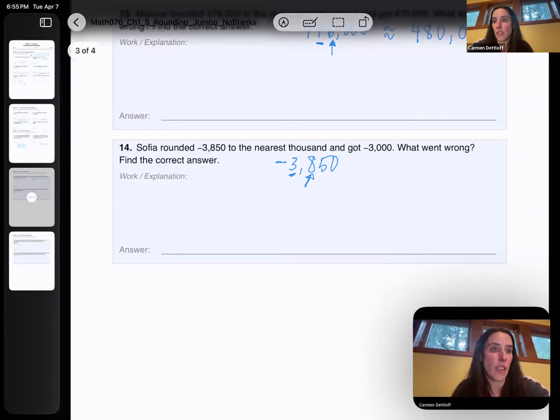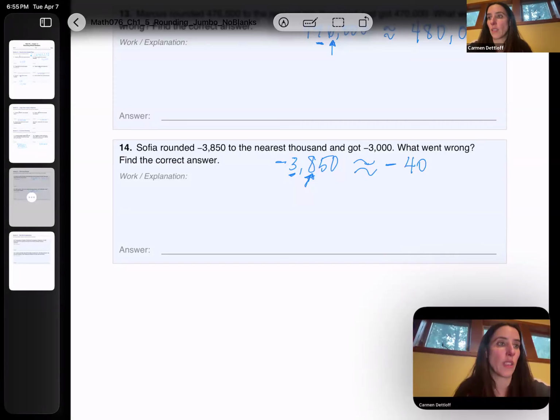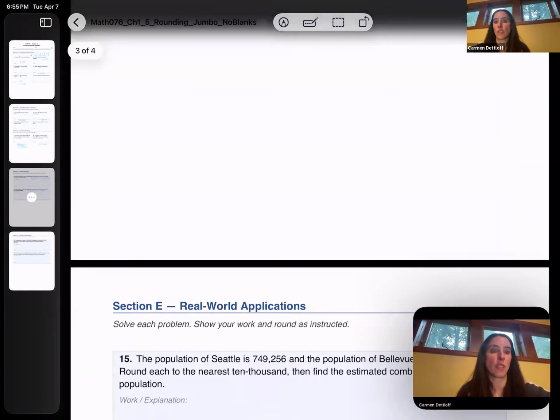Look at this 8. And 8 is a number that I'm going to round up. Even though it's negative, I treat it in the exact same way that I would round normally. So it's equal approximately to negative, and rounding 1,000 is going to round up to negative 4,000. So I think Sophia just rounded incorrectly, and I think the negative threw her off. So our answer is negative 4,000.